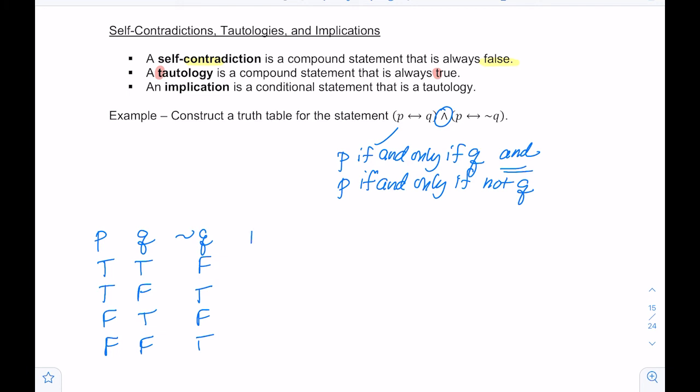The first part says P if and only if Q. So remember, for if and only if, both have to be the same. In that first line, I have true, true, so it's true. And then in the last line, I have false, false, which is true. The other two have to be false.